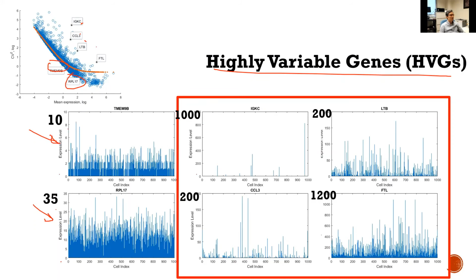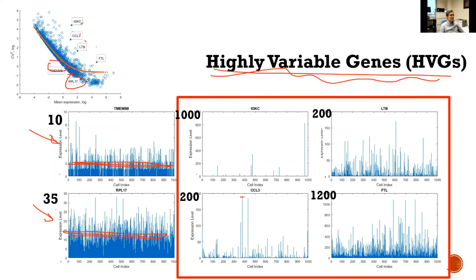Here is 0 to 1,000. Here's 0 to 200. So the magnitude from the largest expression to the lowest is much larger in the highly variable expressed genes, while those non-highly variable genes are expressed more uniformly across cells. Okay, so that's the difference between them.